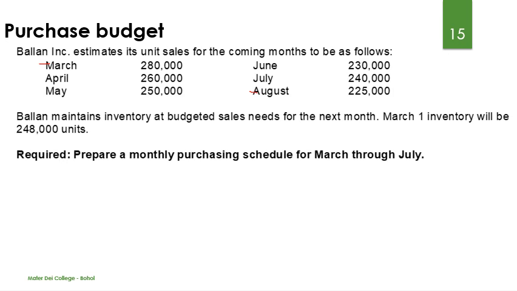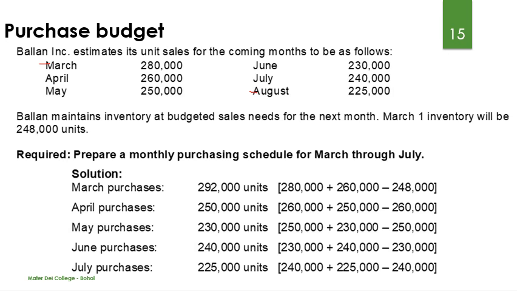So how do we compute for each month's purchasing schedule? For March, we will begin with the current sales requirement. Remember that these are the sales for each month. This is our current sales. We add the next month's sales.